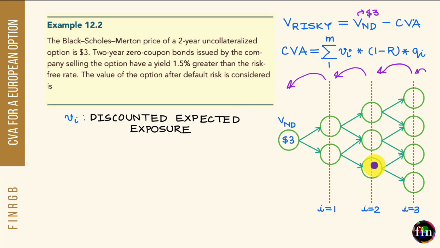For this purpose, let me assume that I have folded back my binomial tree one step at a time, and let's say I am at this time slice and I have found the value of my option on each of these 3 nodes of my time slice.